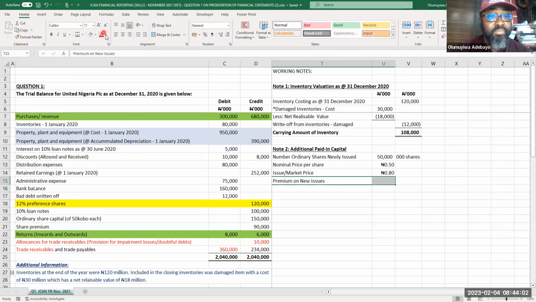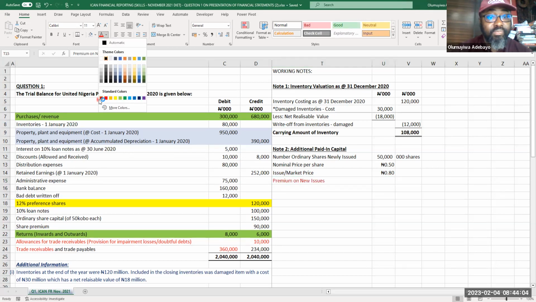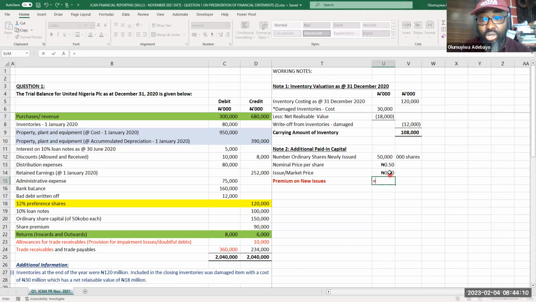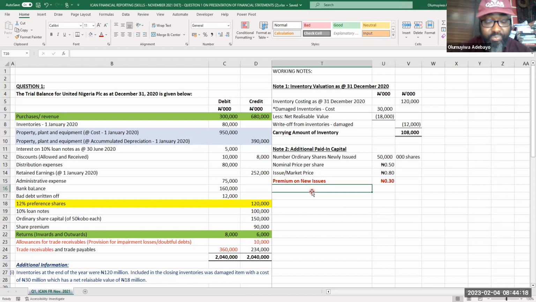What is the premium? The premium is the difference or the excess of the market price over the nominal price, which means the premium is 30 kobo.